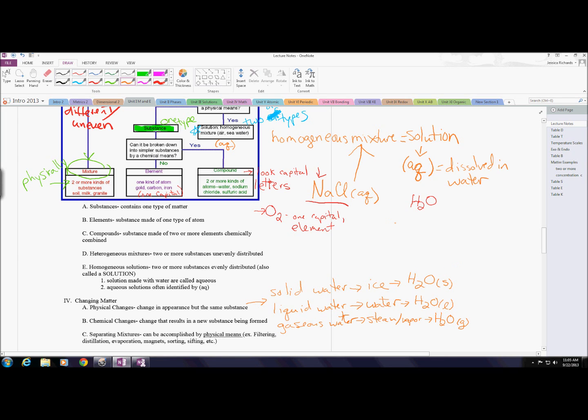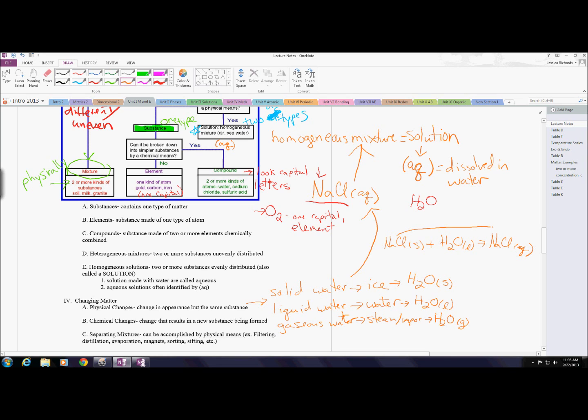Those are physical changes. Check out up here when we write salt water, it's still NaCl. So we have NaCl solid plus H2O liquid. And when we put them together, we get NaCl aqueous.